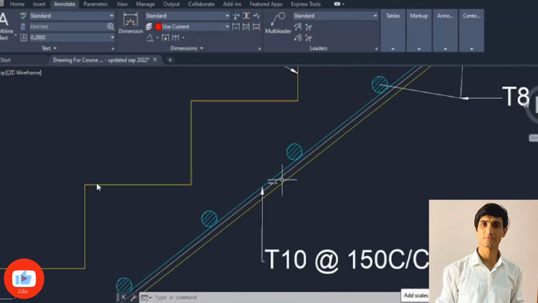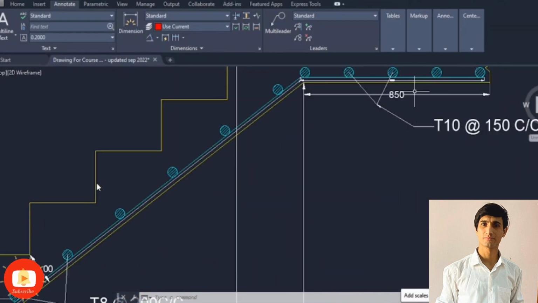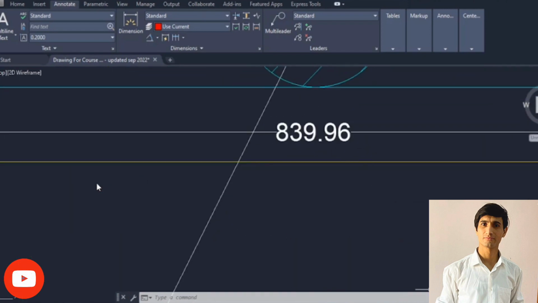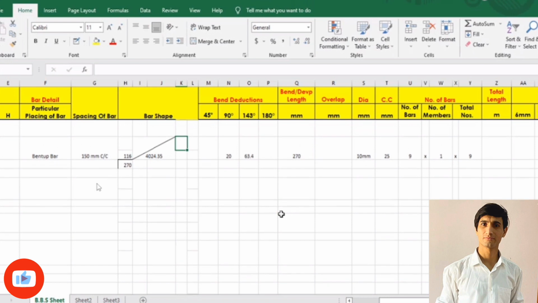So let me simply go here, and it is total of 839.96. Put it over here, equal to 839.96. Done. So I'll move it toward this direction. Let me align this one.